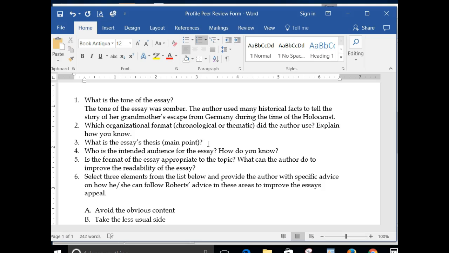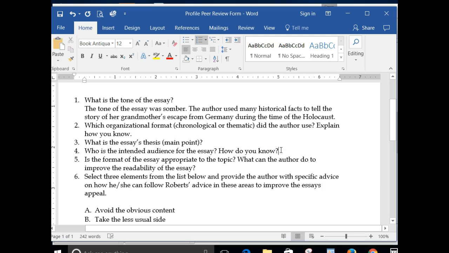So maybe it's about grandma's experiences with Nazi Germany, but something specific. How grandma's experiences with Nazi Germany shaped our family's history, or something like that, but some kind of reason for telling this story, okay?